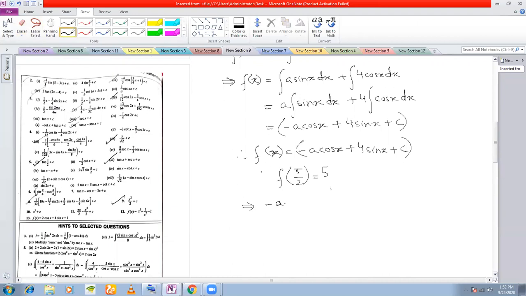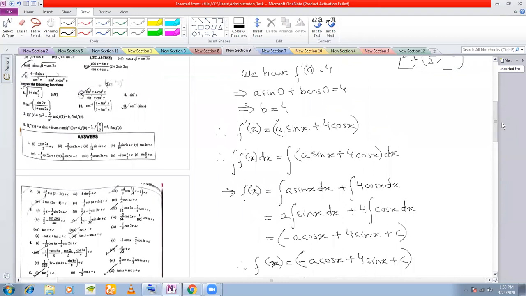So you get minus a cos pi by 2 plus 4 sin pi by 2 plus c must be equal to 5. Now cos pi by 2 is 0. sin pi by 2 is 1. So 4 plus c is equal to 5. So what is the value of c that you are getting? The value of c that you are getting is 1.